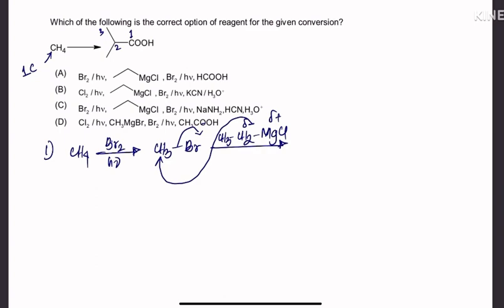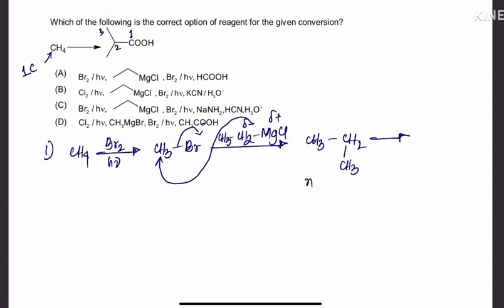So what will happen in this case, there is a CH3, and this one will form CH3CH2, and ethyl will attach to this one.